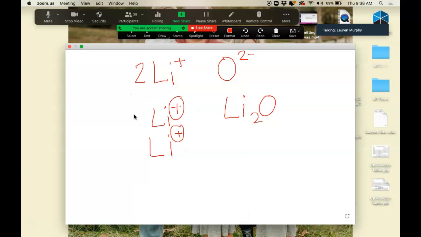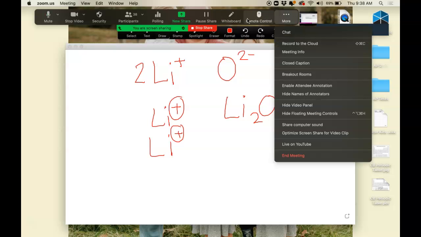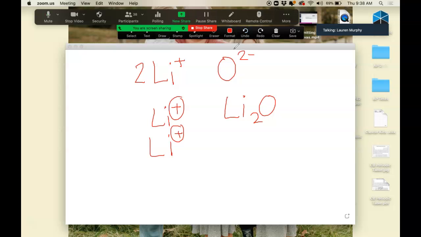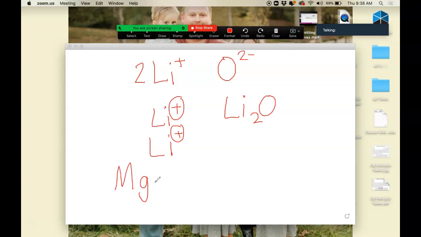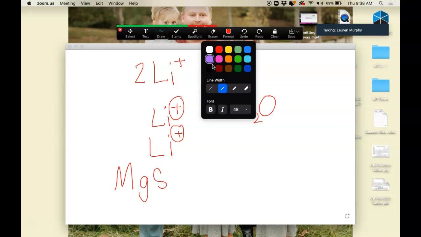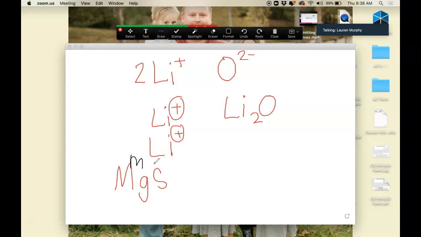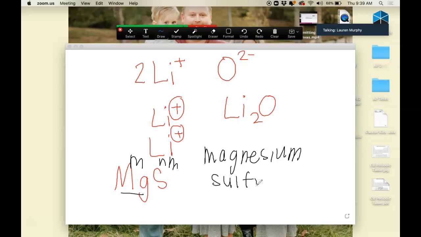Okay, so let's try a different one. Magnesium is a metal. Sulfur is a nonmetal. So this is magnesium sulfide, ide.